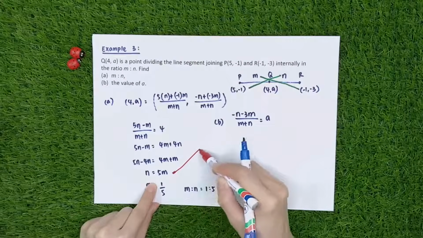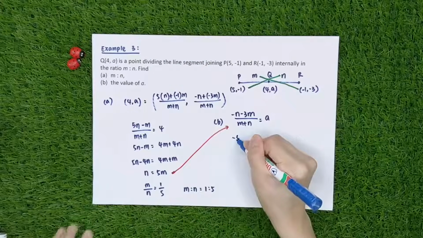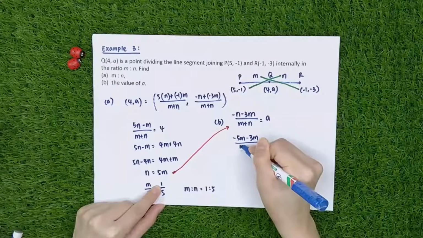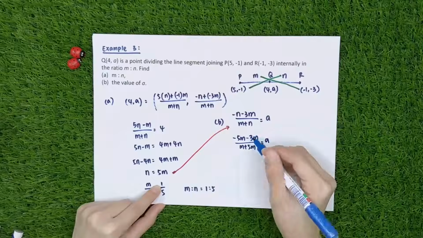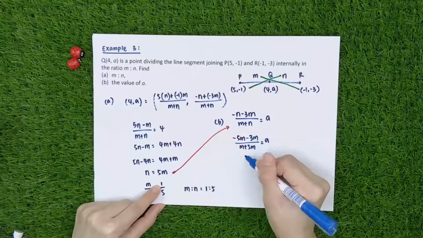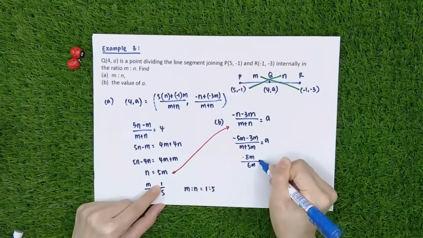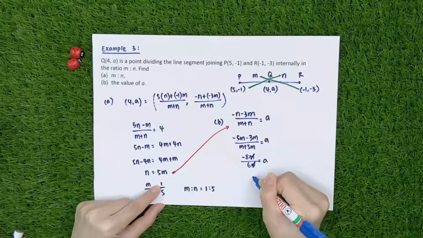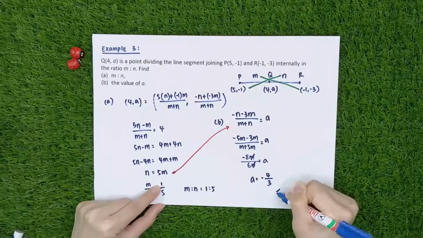So I can substitute this into part B. So negative 5m minus 3m over m plus 5m is equal to a. So minus 5m minus 3m, I will get negative 8m over 6m is equal to a. Then I can simplify my m and I will get a is equal to negative 4 over 3.